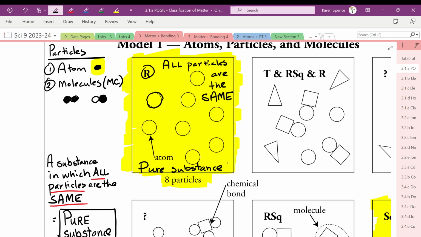Once you've written that down, see if you can find another pure substance. Point to another pure substance for your partner, your neighbors. Show them one.